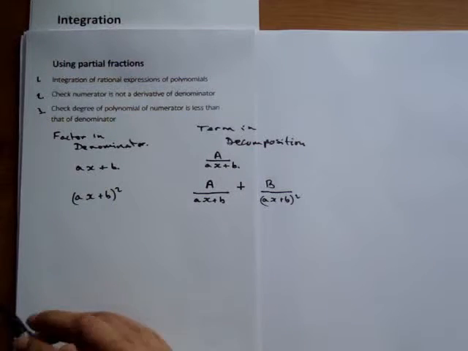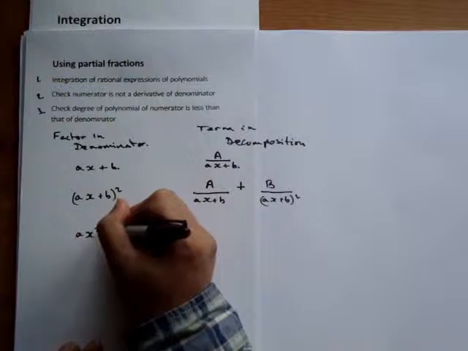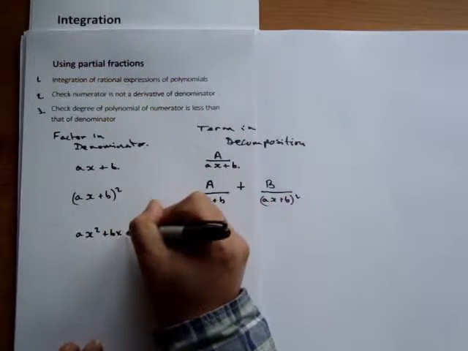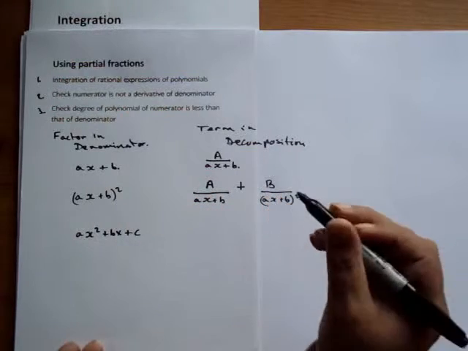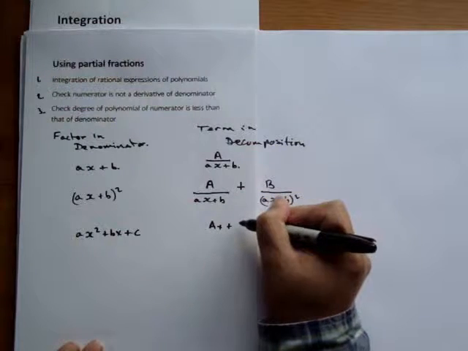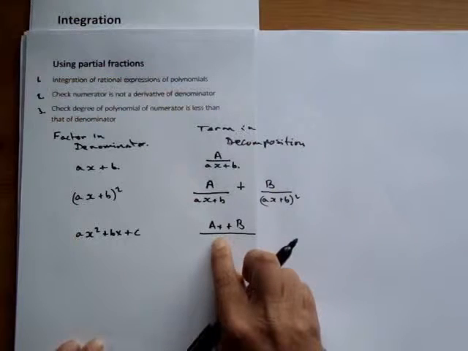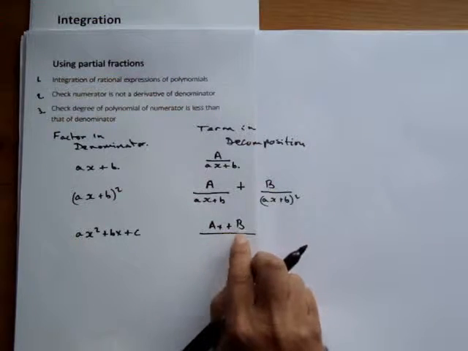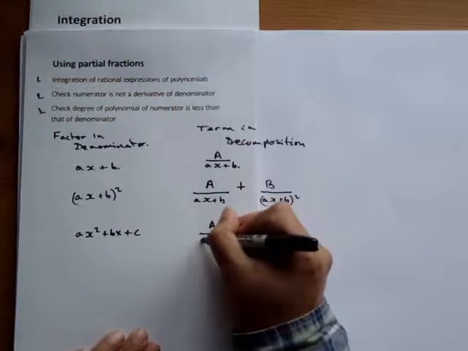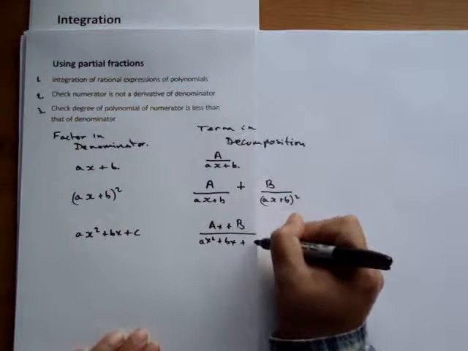If we have an x squared, so we have ax squared plus bx plus c in the denominator, then we have Ax plus another constant B over ax squared plus bx plus c.